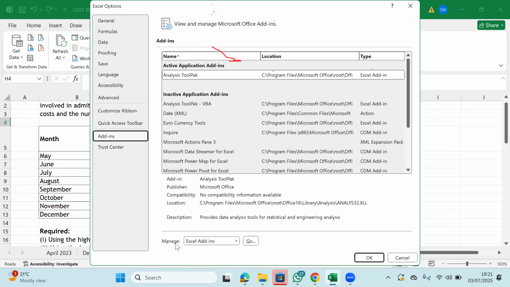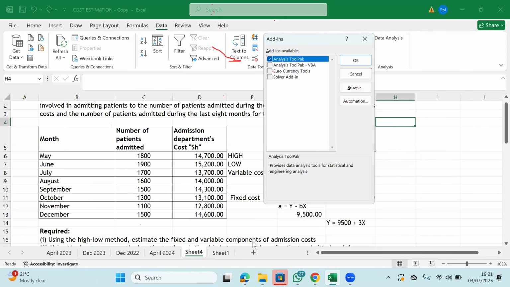If you click on it, there are a number of items, but currently we are interested in the Excel add-ins. Just ensure it is Excel add-ins, then you click on go. Go tells you what we need to add.